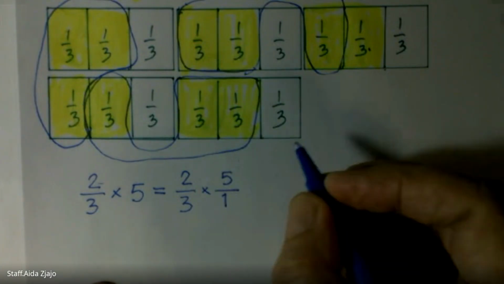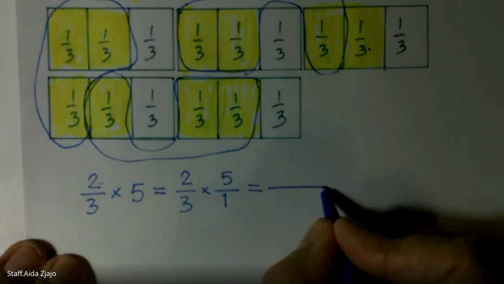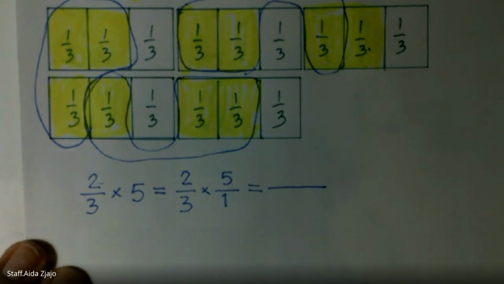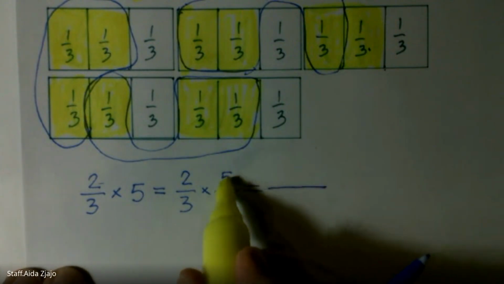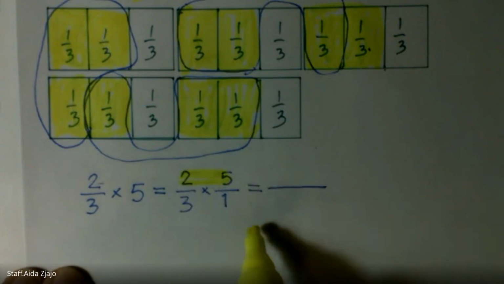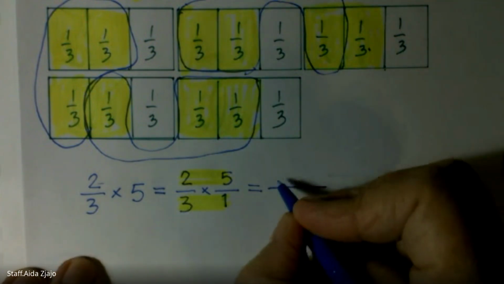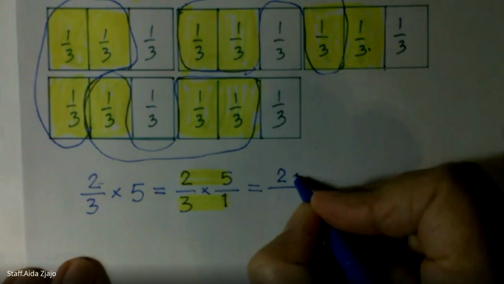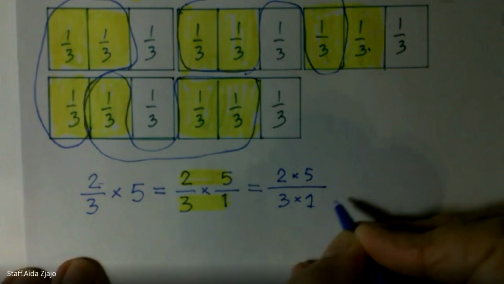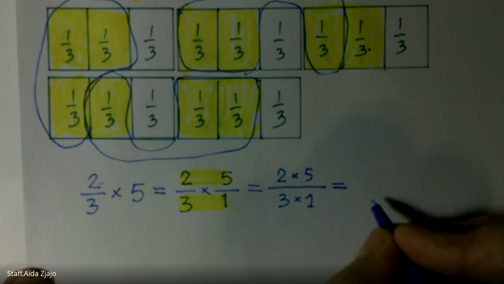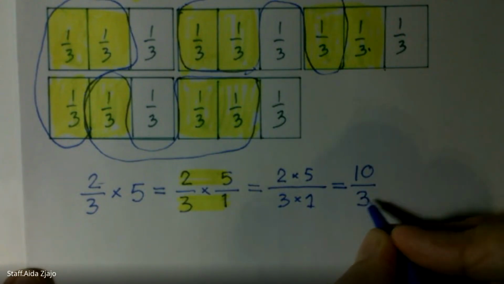So now I'm going to use the rule of multiplication. The rule for multiplication of a fraction by a fraction says, multiply numerator by numerator and denominator by denominator. So I needed to multiply 2 times 5 and 3 times 1. 2 times 5 is 10, and 3 times 1 is 3.